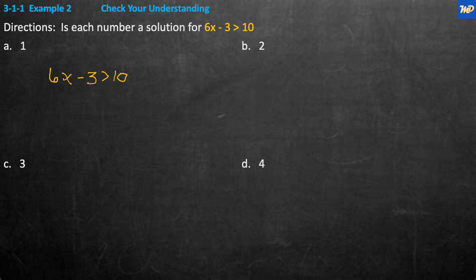We substitute 1 for the x, and then we get 6 times 1 minus 3. Is that greater than 10? Let's simplify this. 6 times 1 is 6, minus 3 is 3. Is 3 greater than 10? The answer is no. So 1 is not a solution.